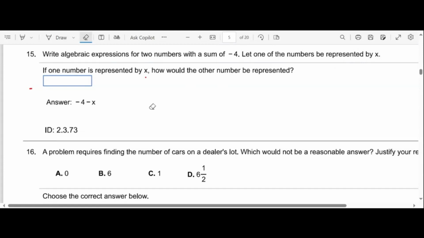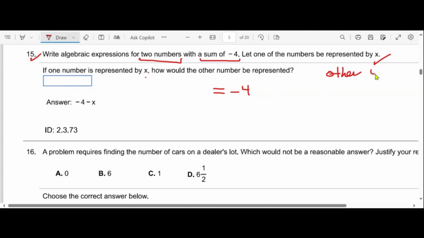Number 15. Write an algebraic expression for two numbers with a sum of -4. Let one of the numbers be represented by x. So if one number is represented by x, what will be the other number?